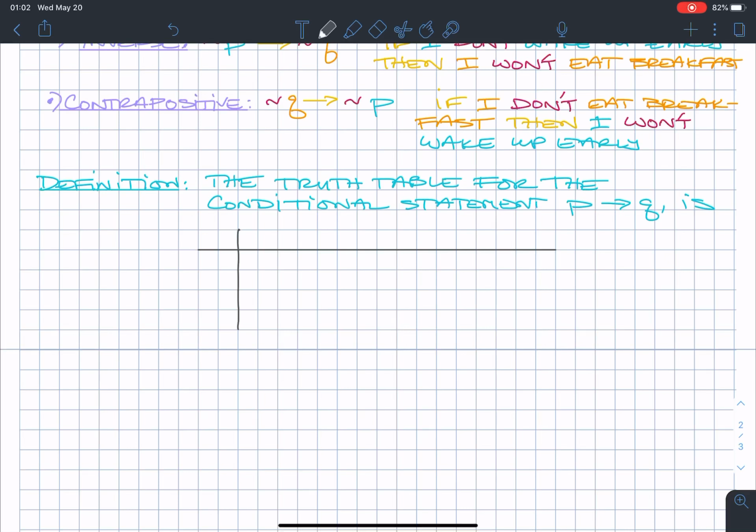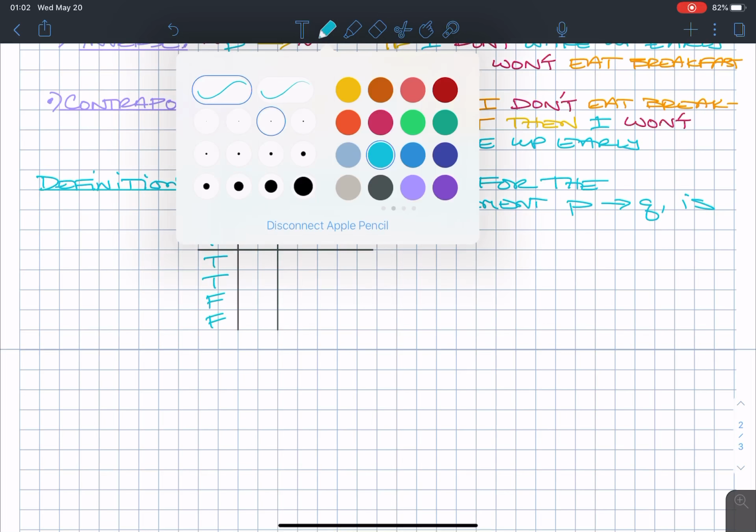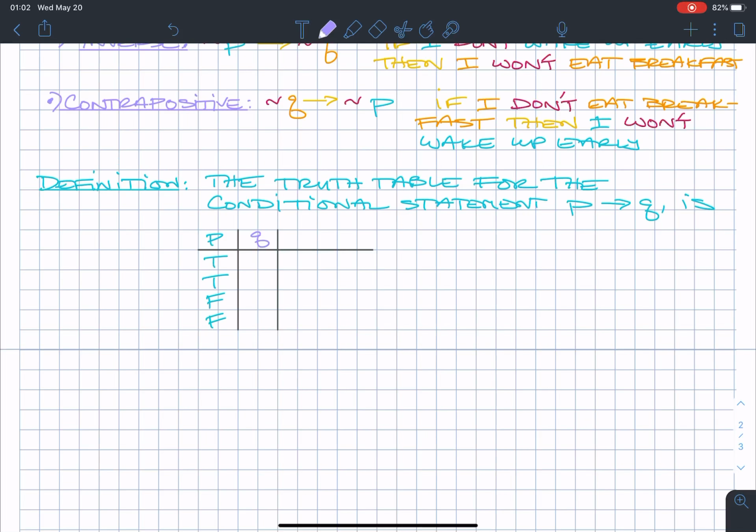P, Q, and their implications. So actually I don't need a lot here. Okay, so let's have P be the first guy, which is always true, true, and then false, false. Let's have Q be the second guy, which alternates true, false, true, false.